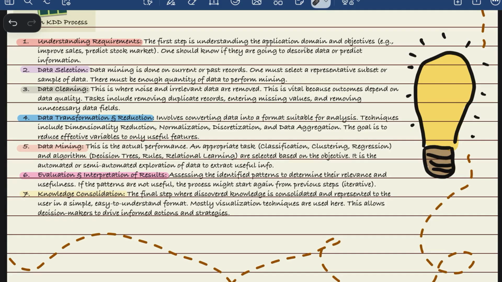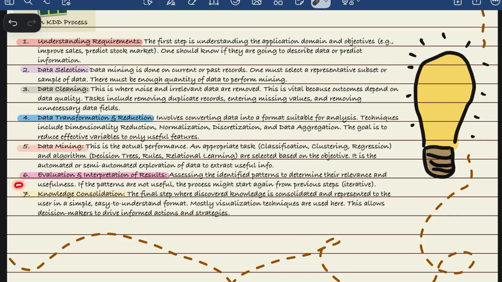You let an algorithm run wild over the prepared data to extract the underlying mathematical patterns. We use a particular algorithm based on the requirement. Again, what our objective is, what we are finding. You should have a clear goal, and according to that goal you apply the particular mining technique.